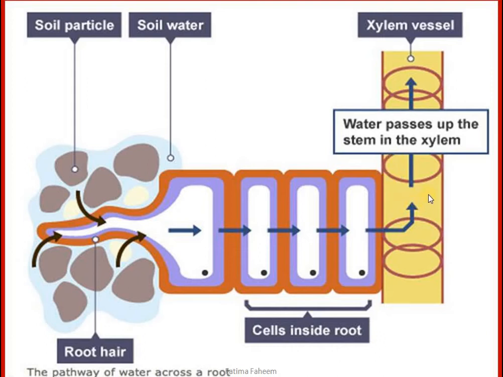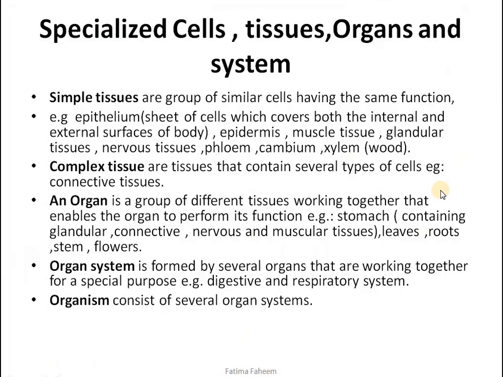We have learned about the xylem vessel's structural adaptation: if you see in the diagram, it's a hollow continuous tube allowing the water movement without any obstruction and hindrance. The walls are deposited with lignin, a strengthening material which helps the plant to be supported and to stay in its place, and prevents the collapse of these vessels.